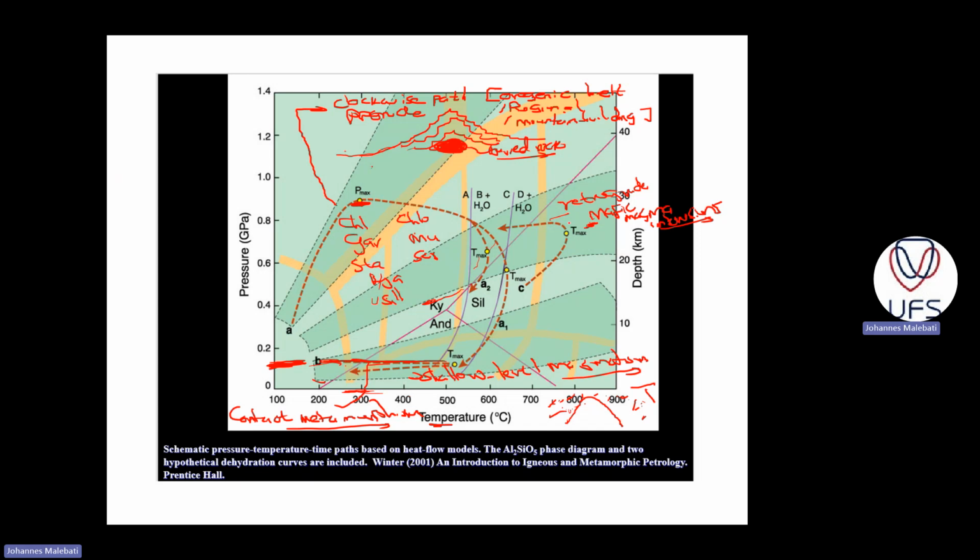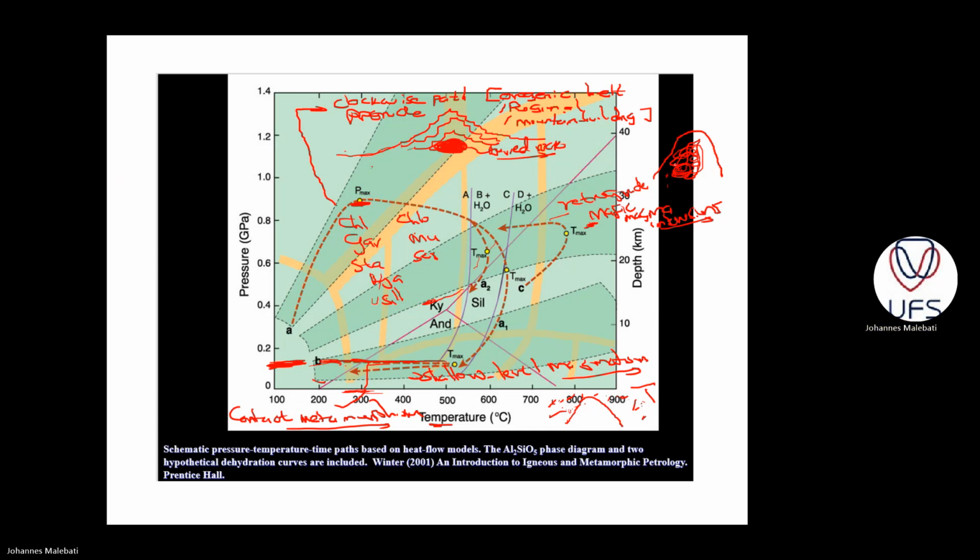Okay, so we know that during intrusions, what are we bringing? We are bringing a large volume of hot mafic magma, which intrudes the lowest crust or the shallow crust.